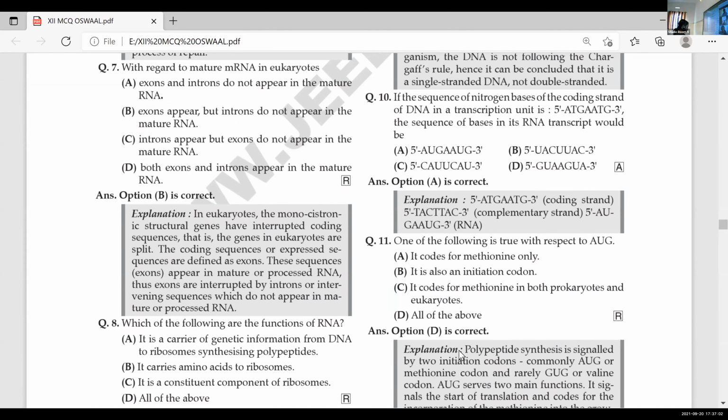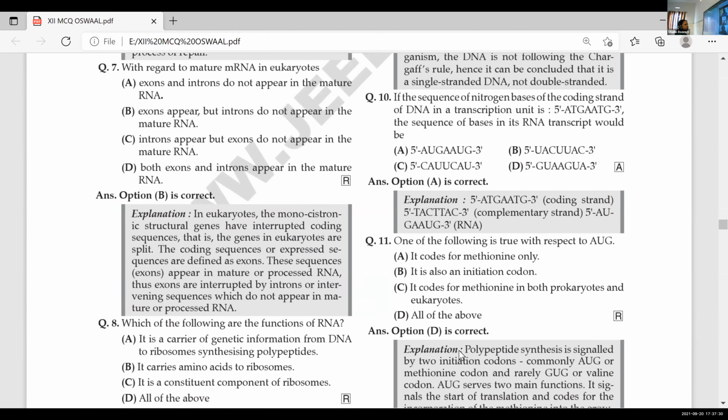D, all the above. Which one is correct? Is the first one correct? Are they carrying genetic information from DNA to ribosomes for synthesizing polypeptides? What are polypeptides? Other name? Proteins.